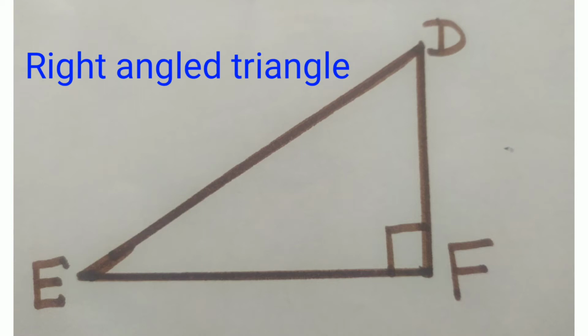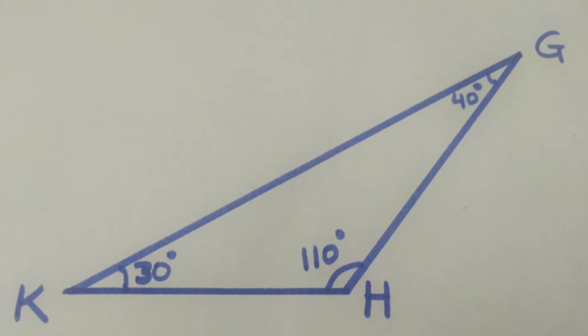In third type of triangles, one of the angles is more than 90 degree. Look at the figure. Triangle GHK. It has got three angles: angle K equal to 30 degree, angle G is equal to 40 degree and angle H is equal to 110 degrees.